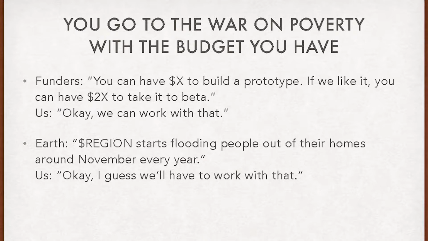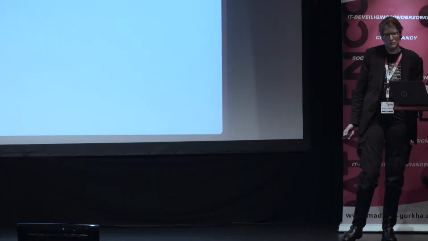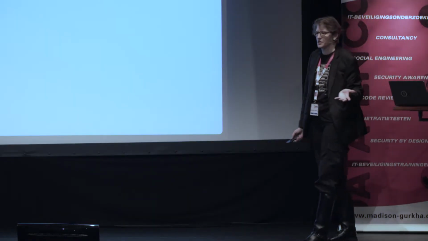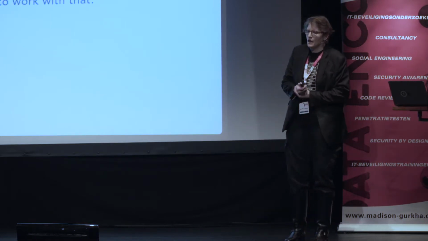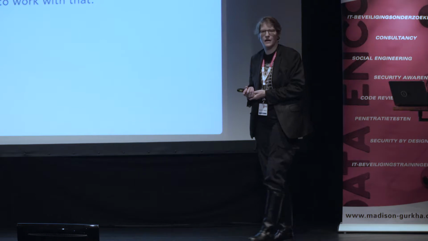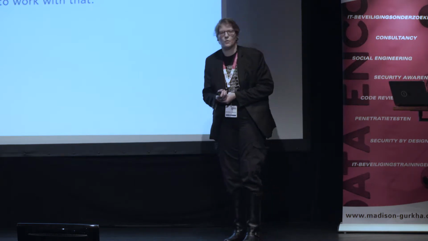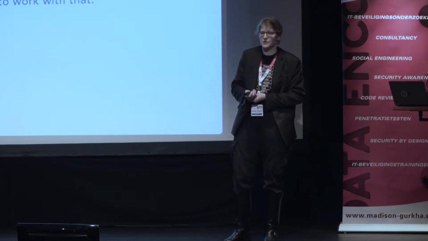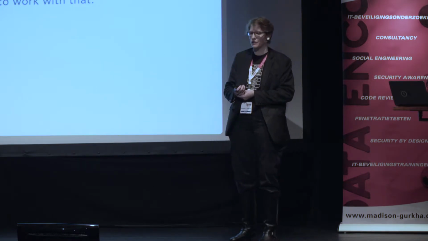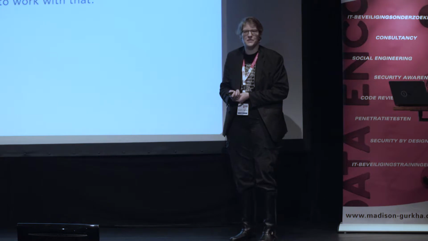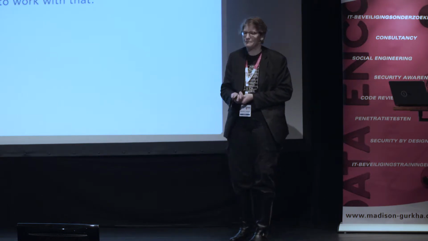Our funders told us basically you can have this much money to build a prototype, and if we like what we see, we'll give you twice that much to take it to beta. And we're like, okay, we can deal with that. But we have some additional constraints, such as weather. One of the regions that the UN is interested in us operating in has some pretty serious flooding in late fall every year. So that tells us something about when we need to deliver by.